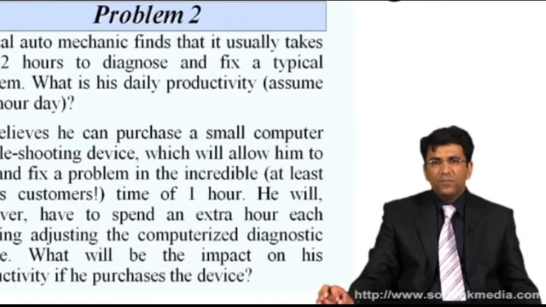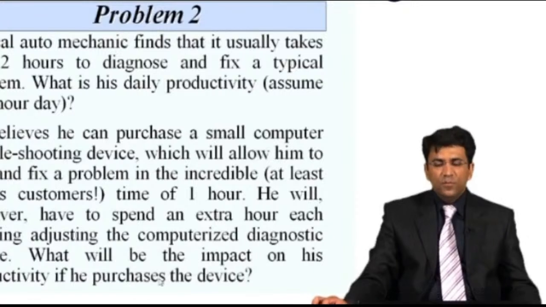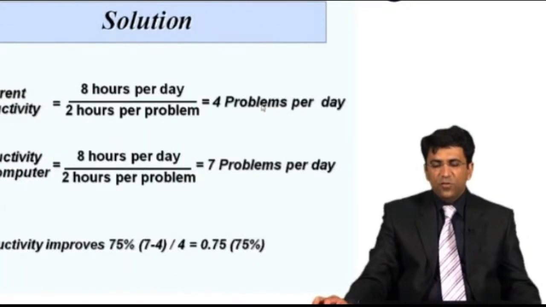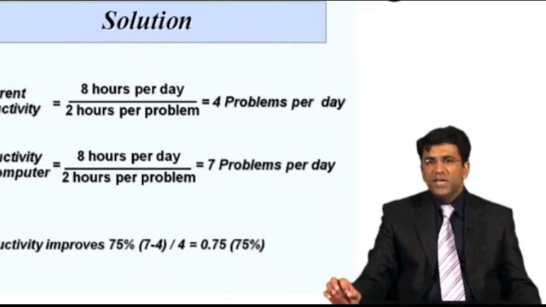So he can solve 7 problems in a day now. So this is his new productivity, that is 4 problems per day, now 7 problems per day. And again, the improvement in productivity is equal to new productivity minus old productivity divided by old productivity multiplied by 100. This will be equal to 75%. So by using that particular device or the software, he was able to improve his productivity up to 75%.